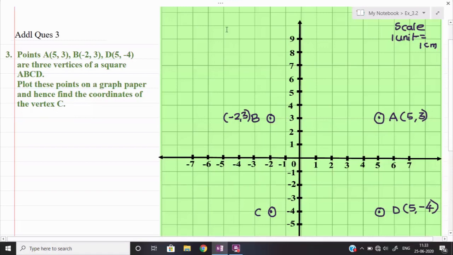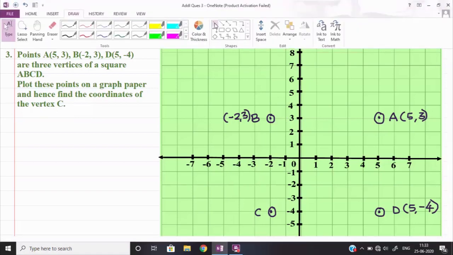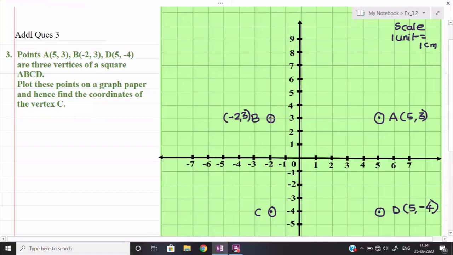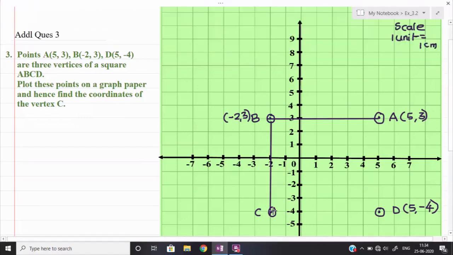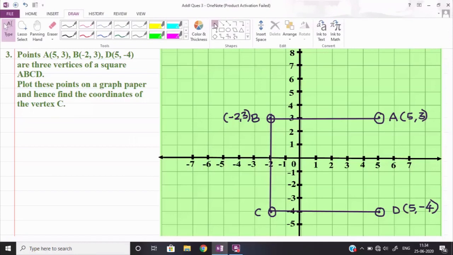I will show you. See, if I join it by line, suppose I go B to A, similarly B to C, then similarly C to D, and in the same manner A to D. So now observe the figure.